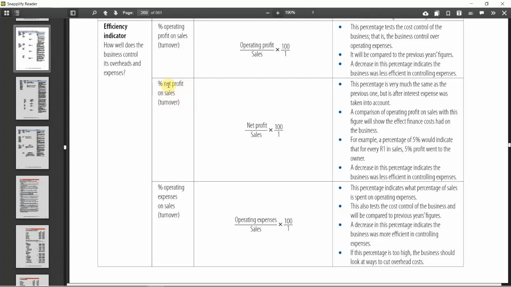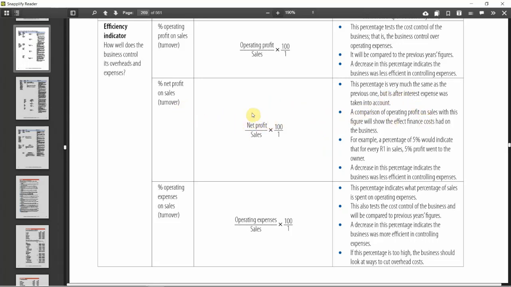If we look at the next variation, the percentage net profit on sales, again, we take exactly what it says, net profit, and we divide it by sales because it's on sales. We want the percentage, so we multiply by 100 over 1. Again, we will usually compare against previous years.